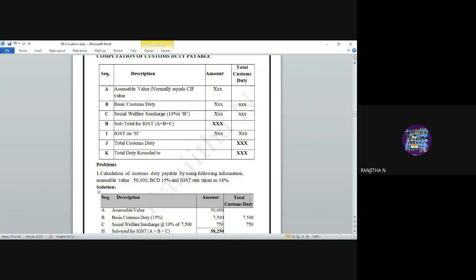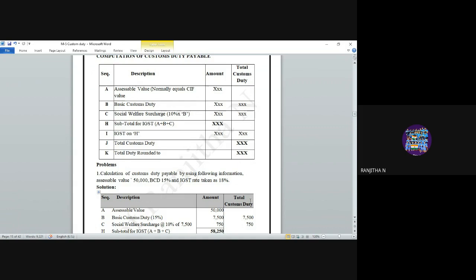But I hope you remember that at the beginning, when I explained this format, I said that irrespective of the information, compulsorily we need to provide 10% of the basic custom duty as social welfare charges. So according to that rule, I'm going to take social welfare charges at 10% of BCD. Let's go for the calculations of the answers.